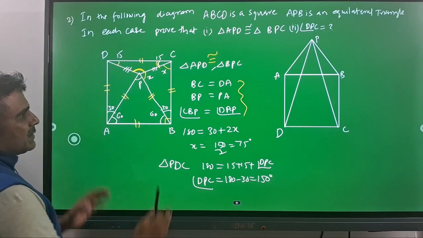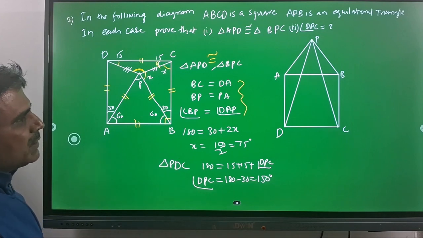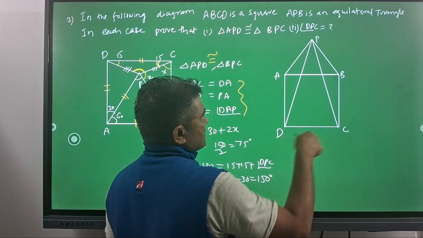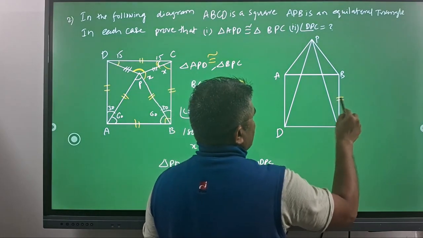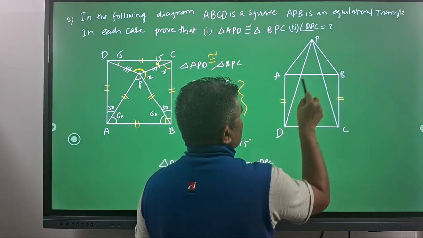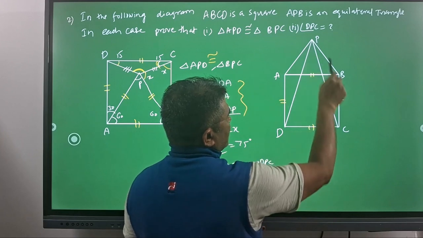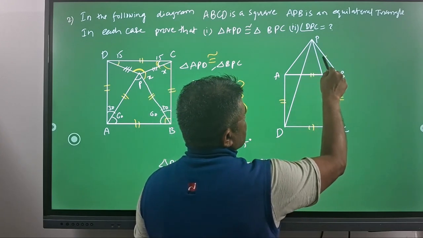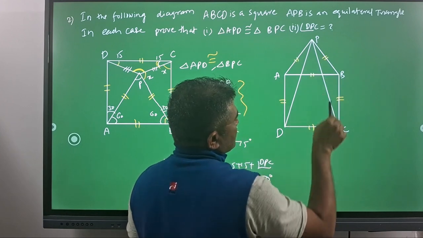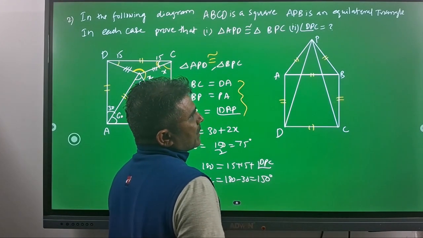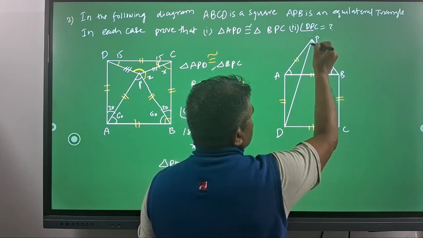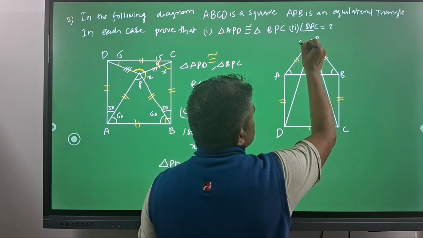Okay, so for this section it is proved properly, and now come to the second section. Here also ABCD is a square, so all sides are equal. And triangle APB is an equilateral triangle, so all these respective sides are equal, and the angles at the corners of the equilateral triangle are 60 degrees.